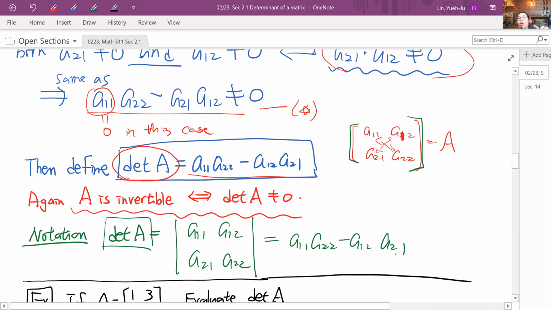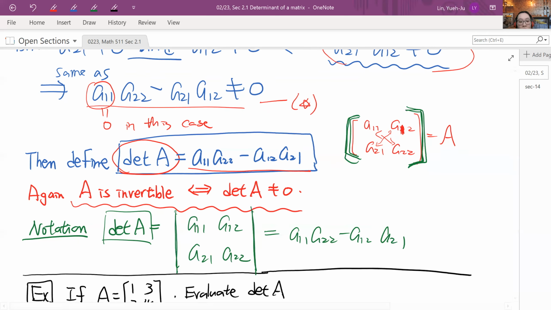So be careful when you write down the homework to distinguish the bracket and the bar, because all math notation has its own meaning. If you confuse and misuse it, it's very confusing. You need to let people know whether you are talking about a matrix or calculating its determinant. One of them is a matrix, the other is a number. They're two different things. So we reserve the bracket for a matrix, and we reserve the bar for the determinant. Do not misuse them, otherwise it's very confusing, okay?